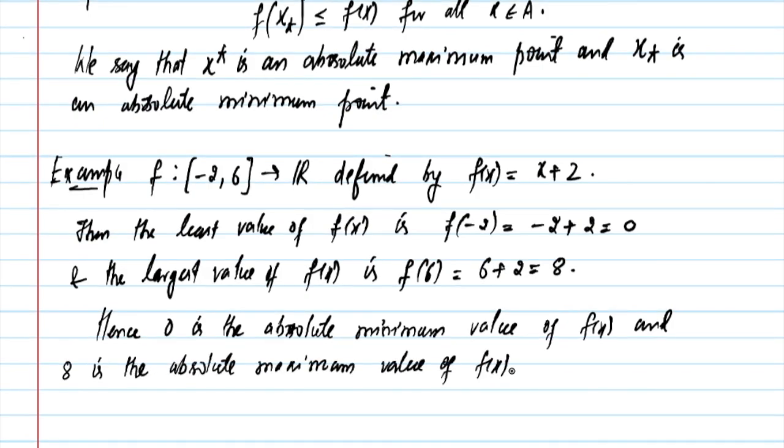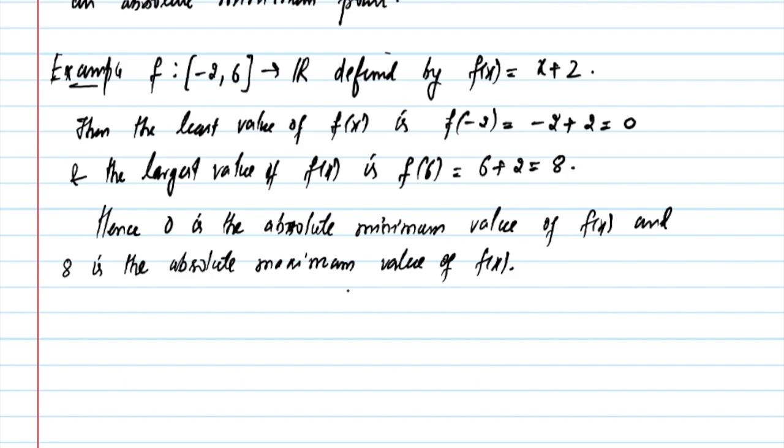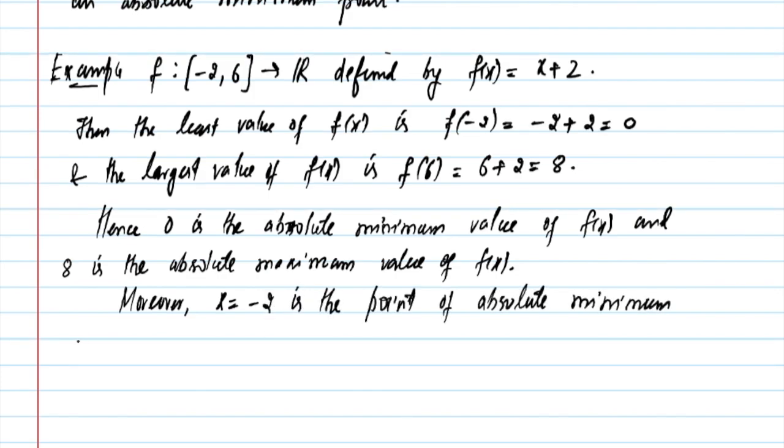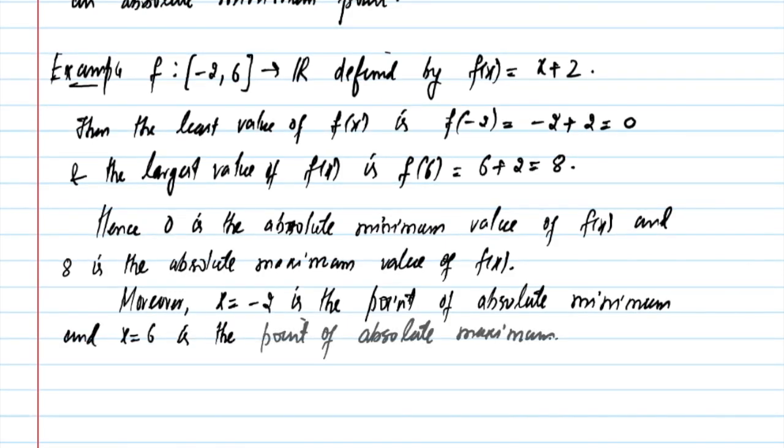Now these two values are attained at the points -2 and 6. Moreover, x equal to -2 is the point of absolute minimum, and x equal to 6 is the point of absolute maximum. So this is how we find the absolute minimum and the absolute maximum values of a function.